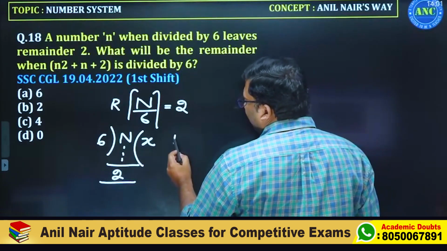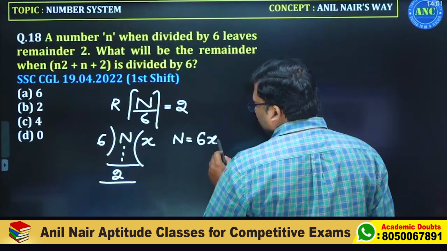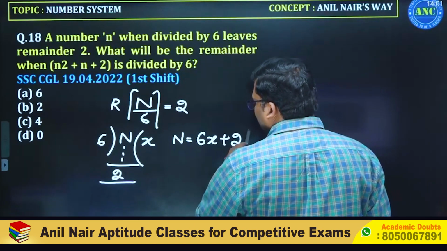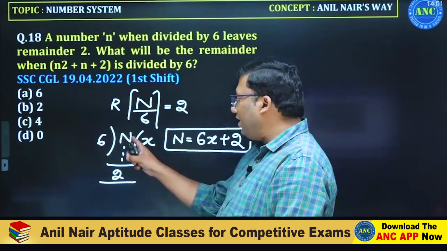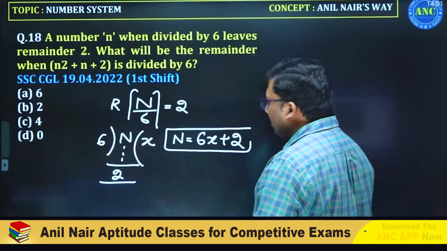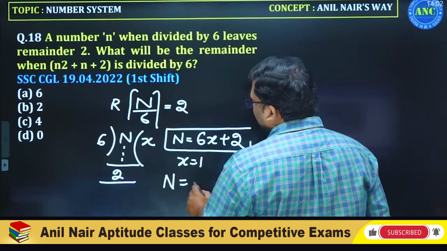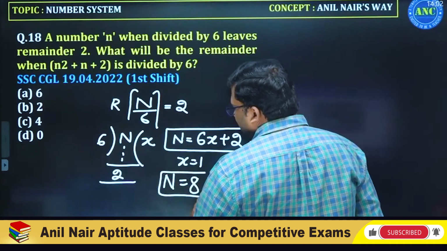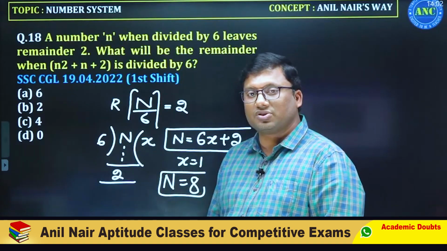So the number form will be: dividend is equal to divisor into quotient plus remainder. N is 6x plus 2. Take x value 1, you will get n value 8.